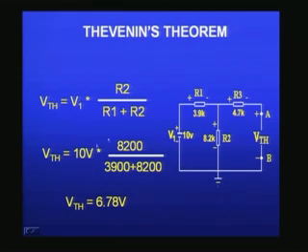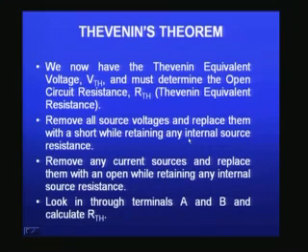And if you simplify this, we get V Thevenin to be 6.78 volt. You can verify it with a calculator. So, V Thevenin we have calculated to be 6.78 for this circuit, which contains a very simple scheme of 3 resistors and a voltage source.